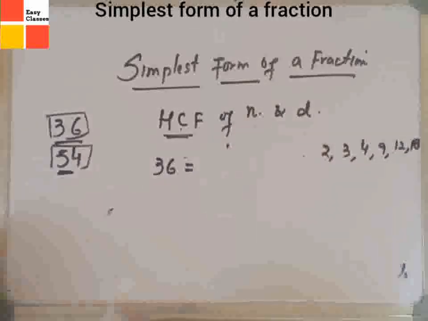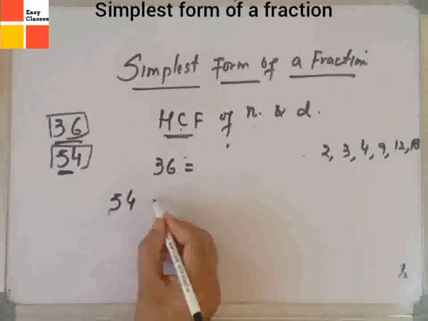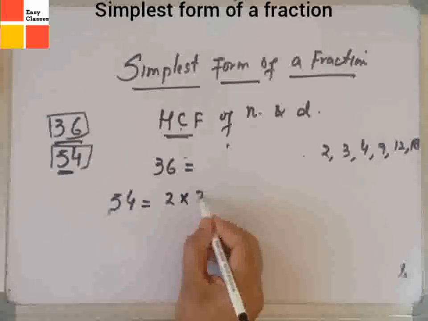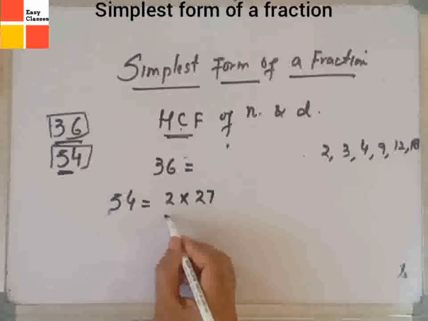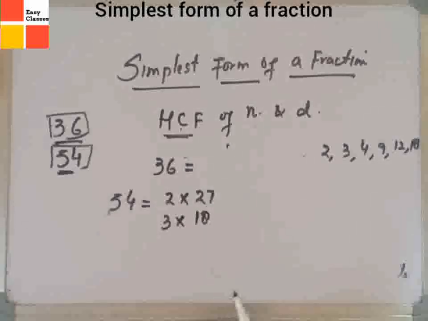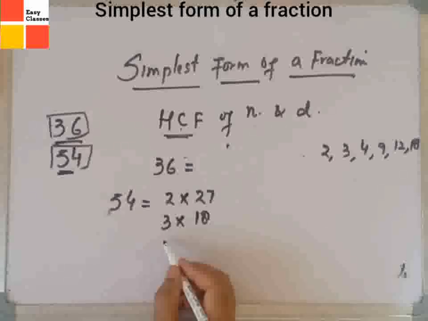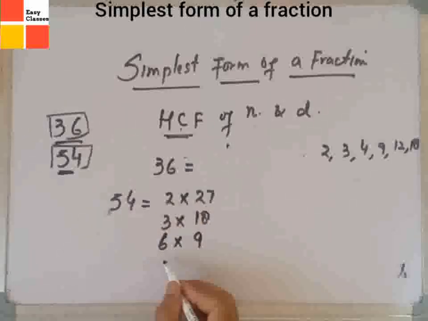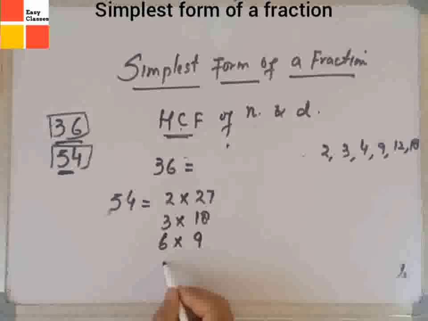Now let's take this 54. 2 into 27, then 3 into 18, then 6 into 9, then 9 into 6.